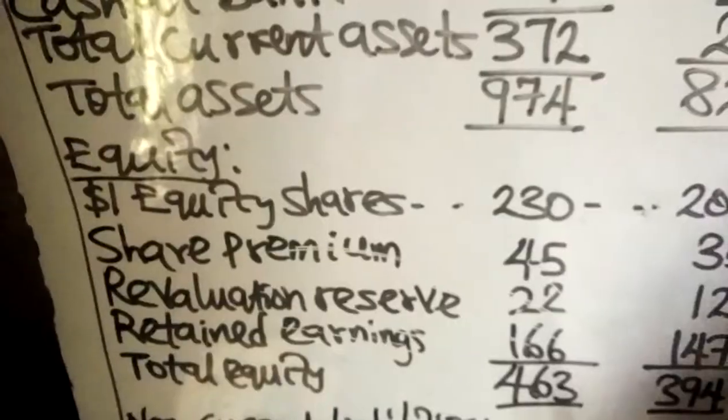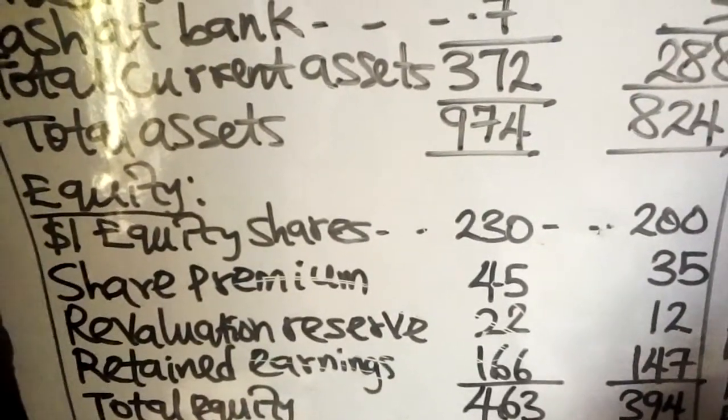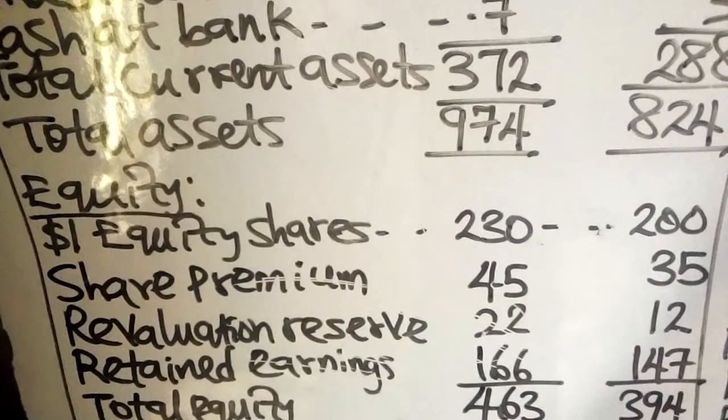Then go through the equity section of your statement of financial position. Under equity, you have revaluation reserve. The one in 2006 is 12, and it's now increased from 12 to 22 in 2007. That means an additional revaluation gain of 10 million has been created during the year.